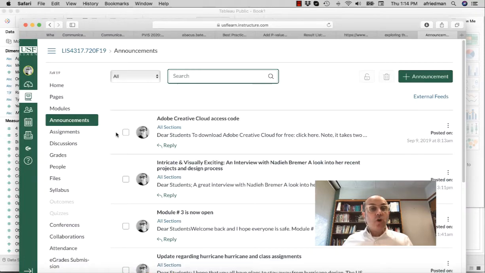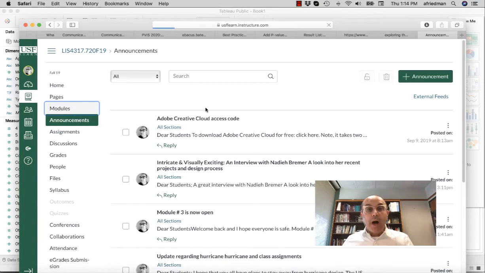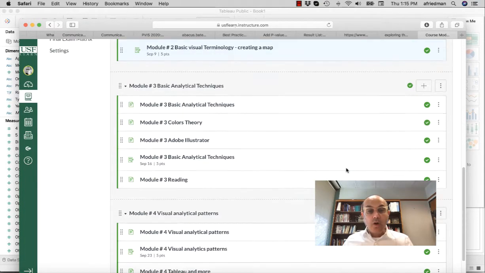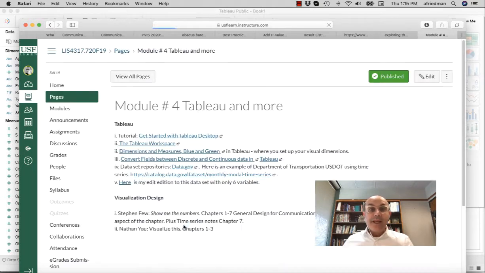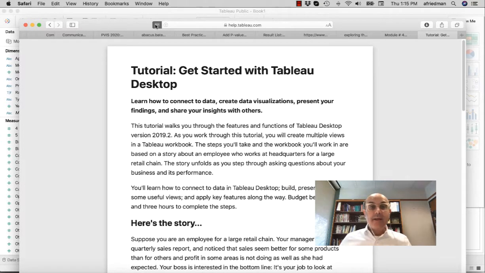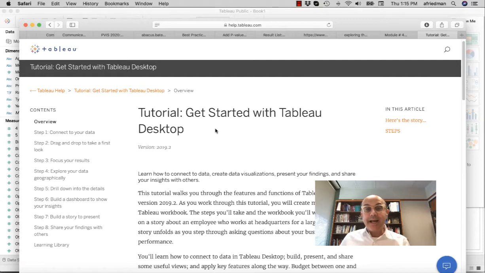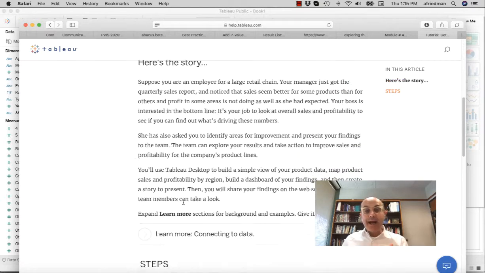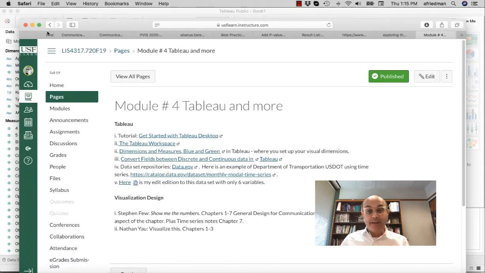I'm just going to open the module itself for a second to outline the issue that I want to show you. And the issue is that Tableau gives you a very good sense, better than any other platform that we're going to cover in this class, of how to start, how to apply, and how to develop it.